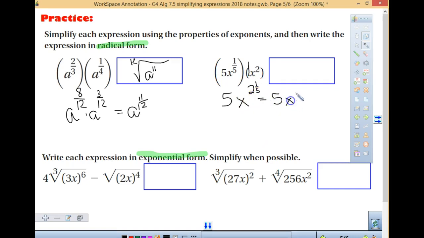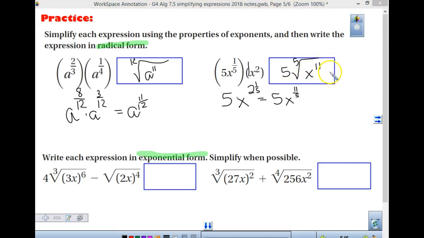So 5 times x to the 11/5. So if we are looking at that, the index is going to be 5. 5 and x to the 11.